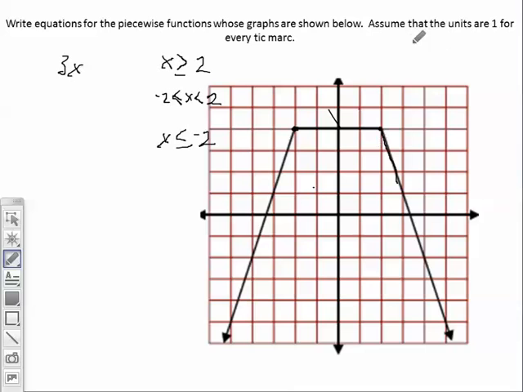So I'm going to say at this point right here, at point 3, 1. So I know it goes through the point 3, comma 1, right? So what am I looking at? I'm looking at the slope-intercept form, y equals mx plus b. My slope is negative 3, so 1 is going to be equal to negative 3 times 3 plus b.